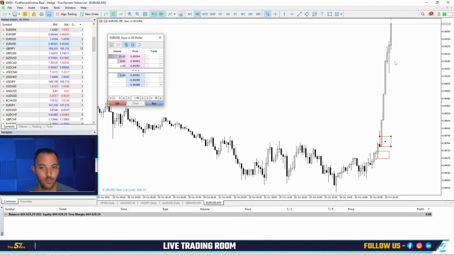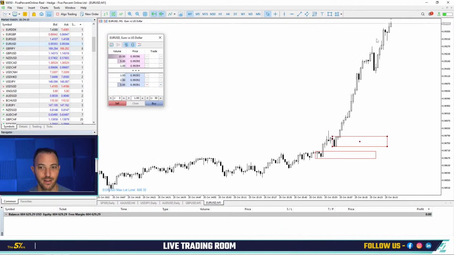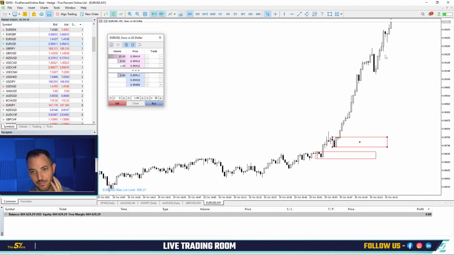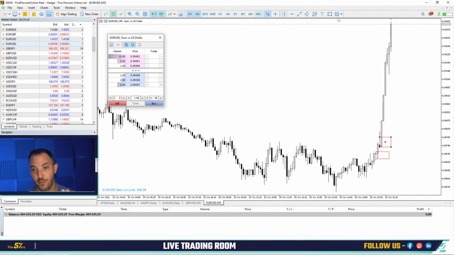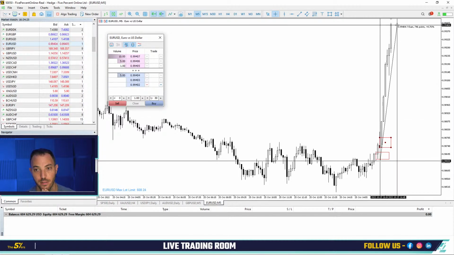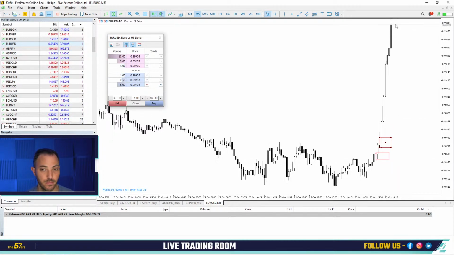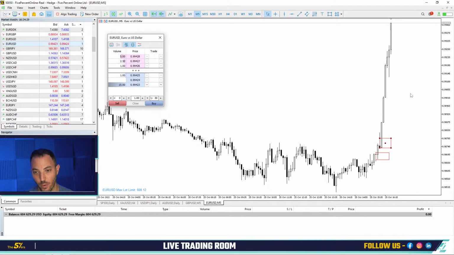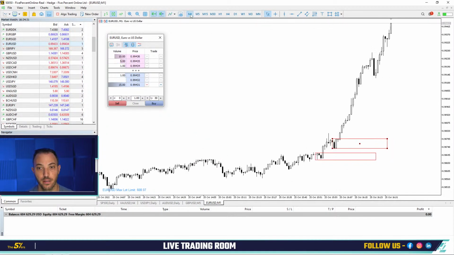So my setup right now is waiting for pullbacks on the 5-minute chart so I can start buying again. I can either take some scalp on the 1-minute chart, or just wait on the 5-minute chart for the pullback. This run is close to 80 pips, way overextended. I'll wait for a pullback and I'll start buying again and again and again.